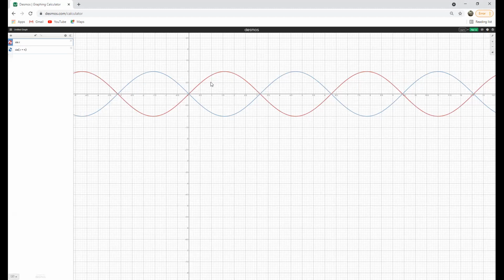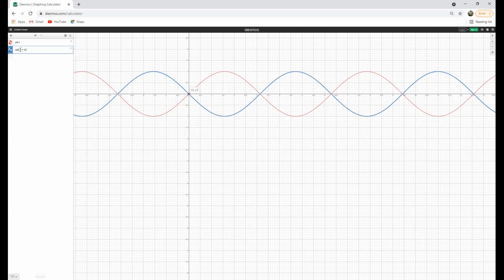The red one is the sine function. Now that I changed my x value, I have sine of x plus pi. So I'm changing my x values. If I plug in 0 for x, then I end up with sine of pi, which is 0.